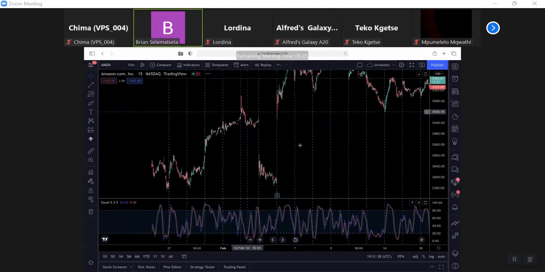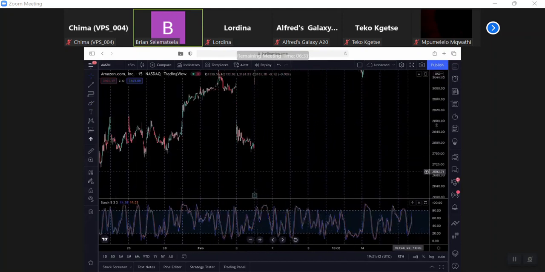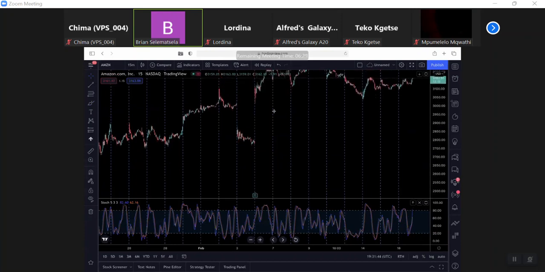And even these gaps, sometimes they can be news, what is happening with the company or whatever. And they see that this can very much impact the markets.